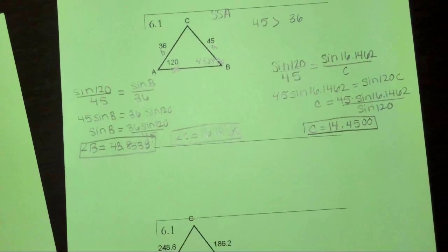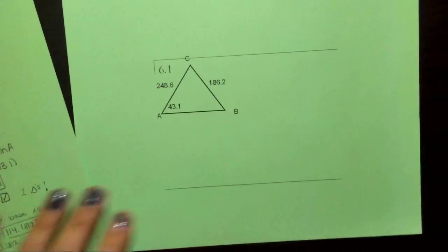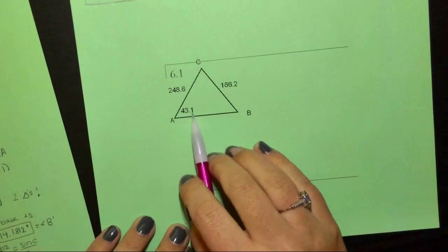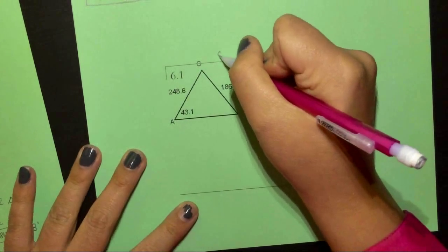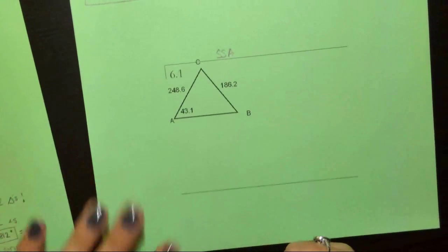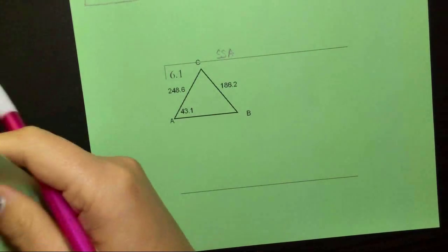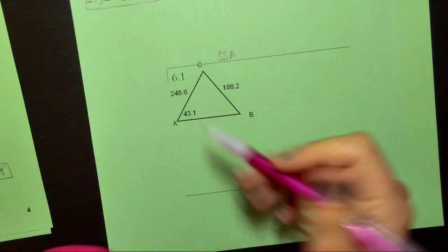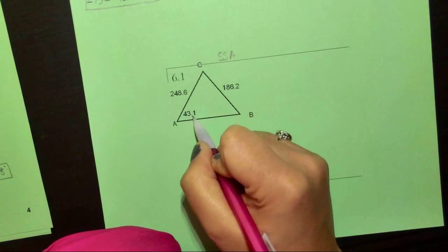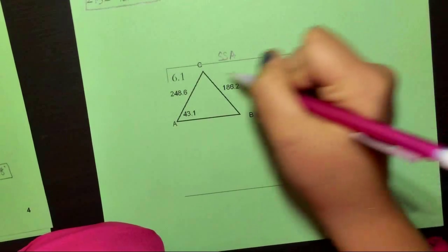Okay. So let's try an ambiguous case. When we have this acute angle here, we know that this is an ambiguous case because it's a side-side angle. When you have the ambiguous case for an acute angle, you have to find your height.